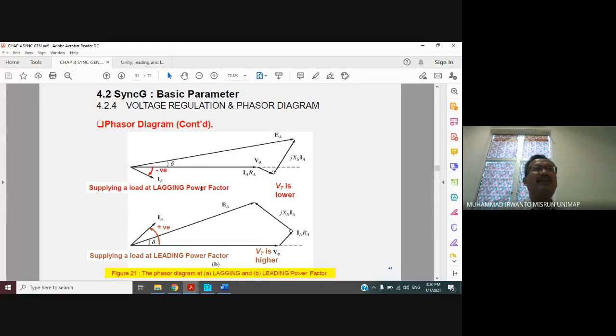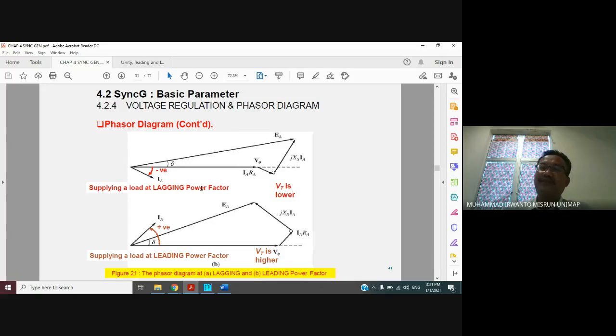Lagging power factor means the armature current lags the phase voltage by some degrees. This lagging power factor is usually for inductive load, or a combination of resistive and inductive load.